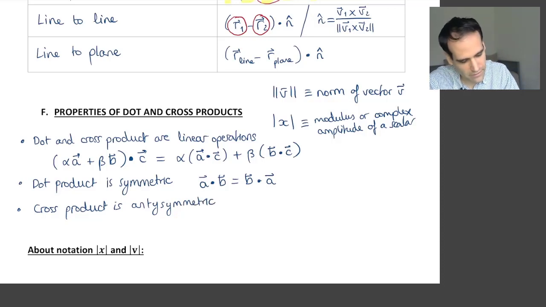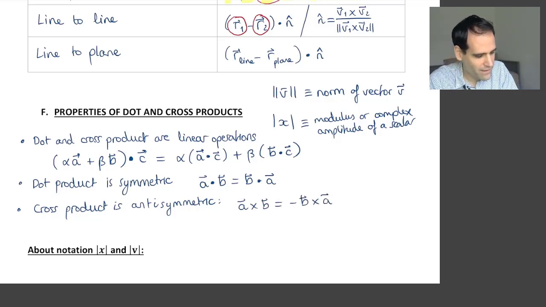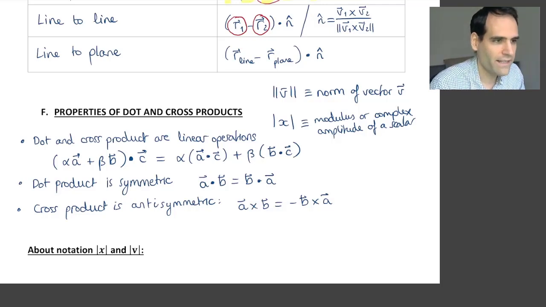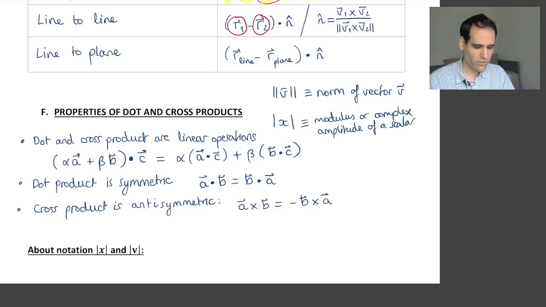Actually, antisymmetric is written with an i, not with a y. Antisymmetric. And this means that A cross B equals minus B cross A. So if you swap the order, you have to change the sign of the result. And that's all for now. So next, you can do some problems.